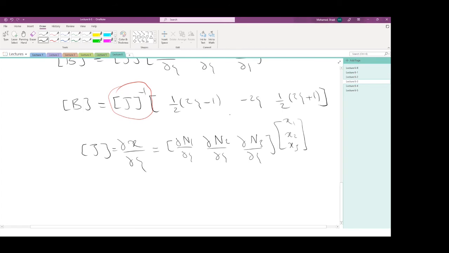Now I have the derivative of the shape functions, which I did for the B matrix. Now I also need to find the x1, x2, and x3.